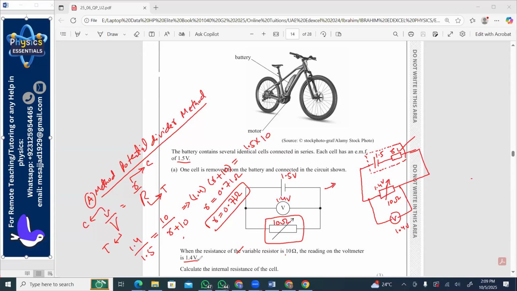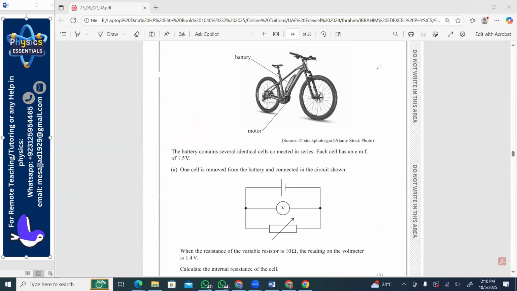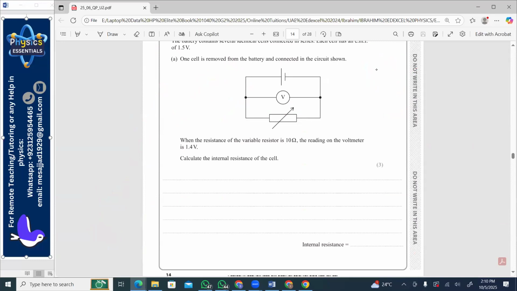The other method is the conventional method, which is very common. In the conventional method, first of all, you have the voltage here as 1.4, and you have the resistance here as 10.